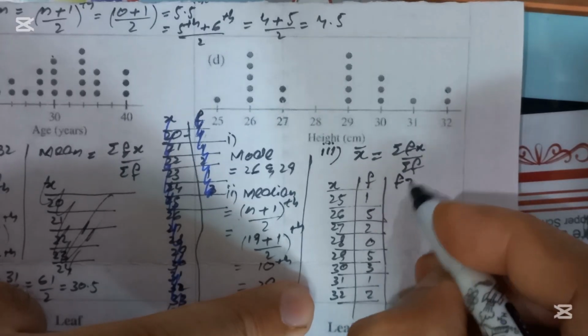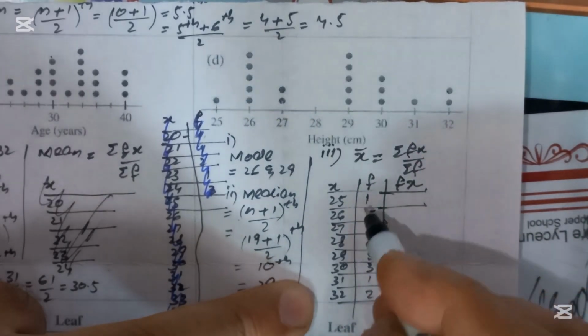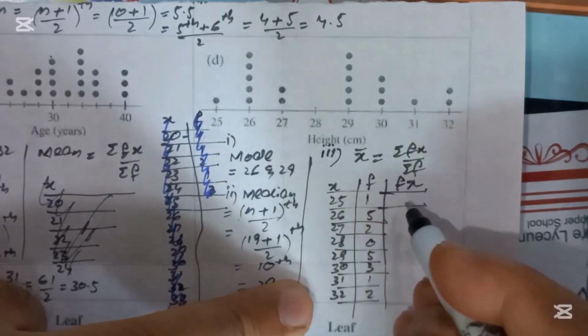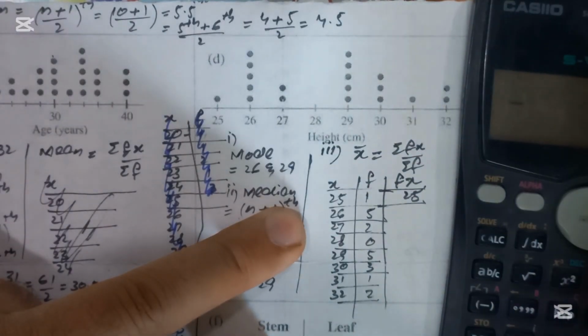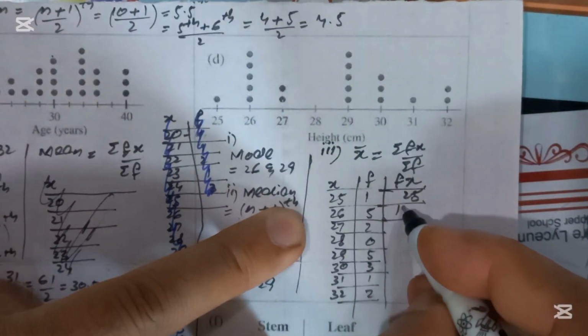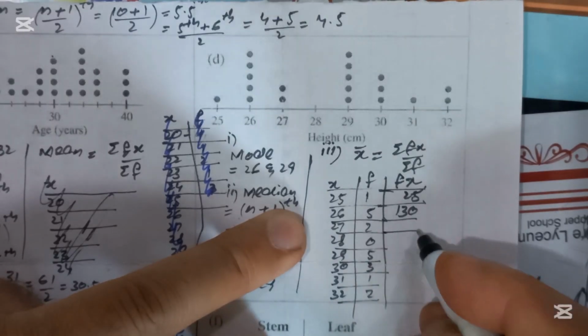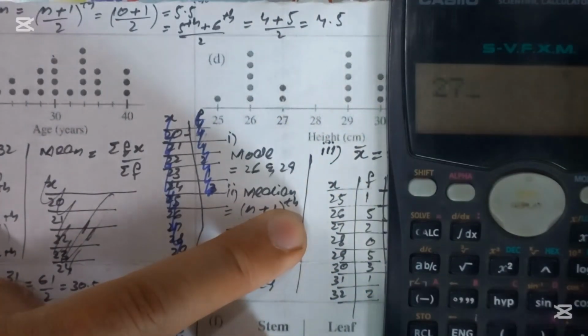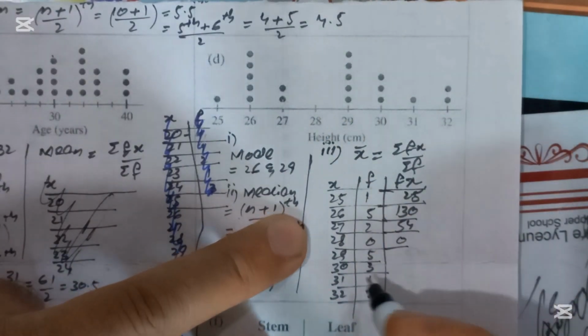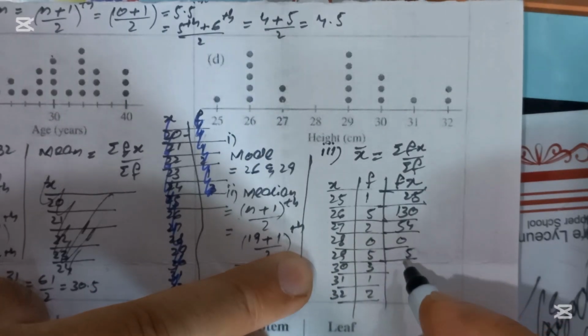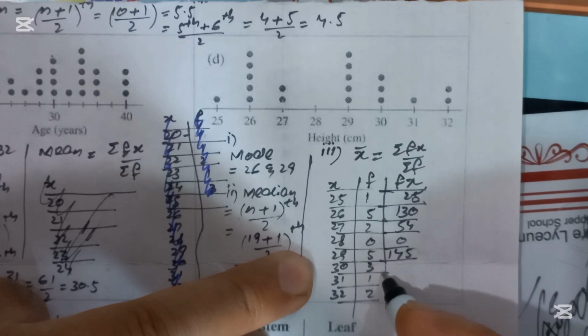So we will make another column, that is fx. fx is the multiplication of f and x. 25 ones are 25, 26 fives are 130, 27 twos are 54, 28 zeros are 0, 29 fives are 145, 30 threes are 90, 31 ones are 31, and 32 twos are 64.